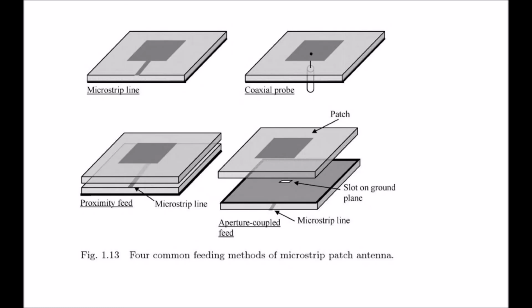Number 2, due to the small separation between the radiating patch and its ground plane, the microstrip antenna can handle relatively low RF power. The average power considered safe is a few tens of watts.